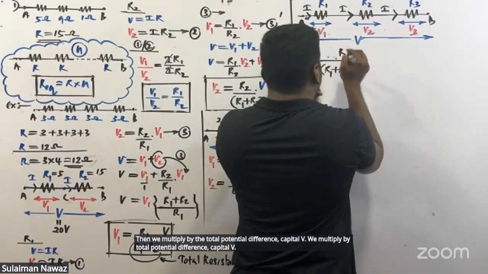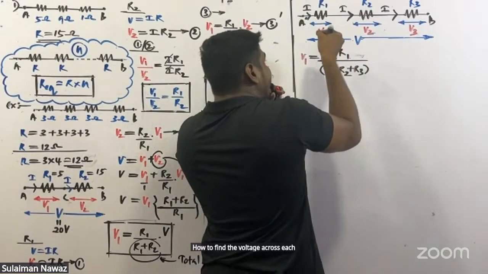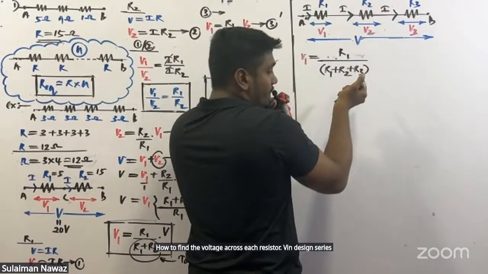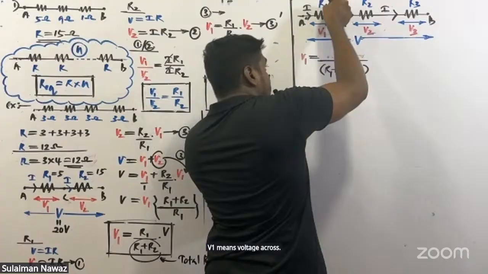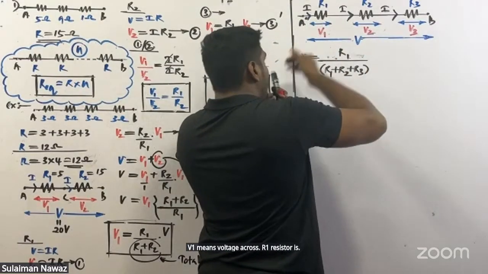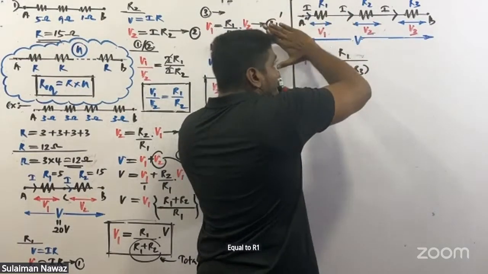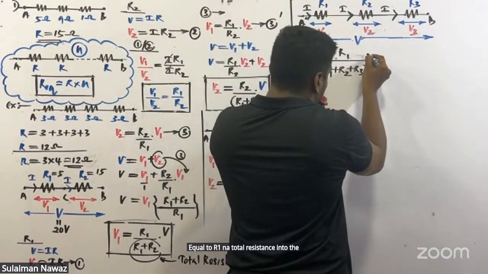How to find the voltage across each resistor when they are in series? V1, the voltage across R1, is equal to R1 over total resistance times the total potential difference.